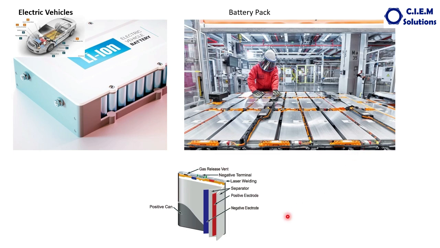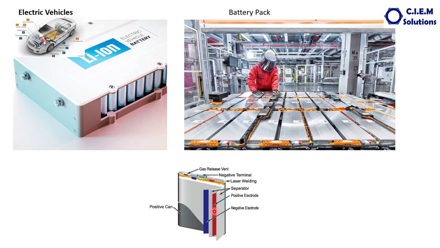The cross section or internal construction of a lithium ion battery, if it is a flat cell or a rectangular cell, looks like this. The blue one is the negative electrode, or cathode, and the red one is the positive electrode, or anode.